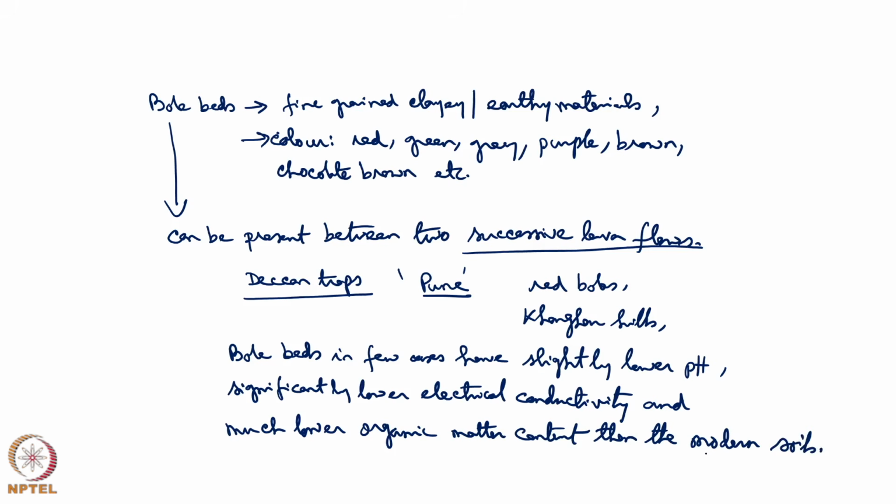Why so? Because when the proliferation of organisms has happened, after their death they become part of soil. So, the carbon content is naturally very high. This is certainly not the case with the very old bole beds.